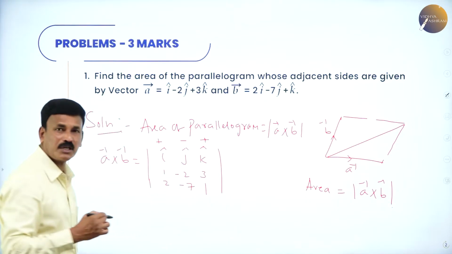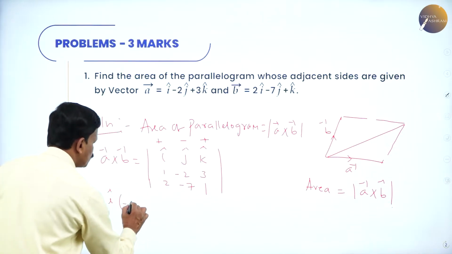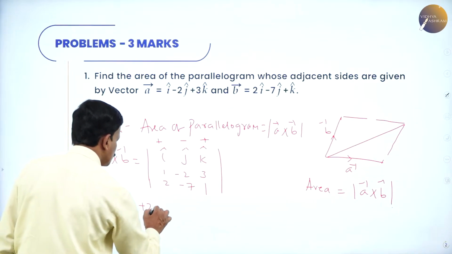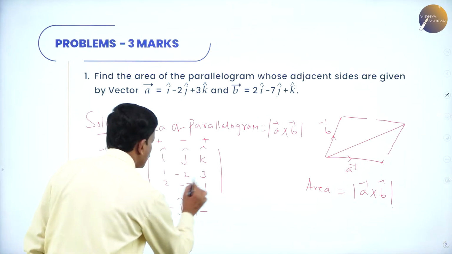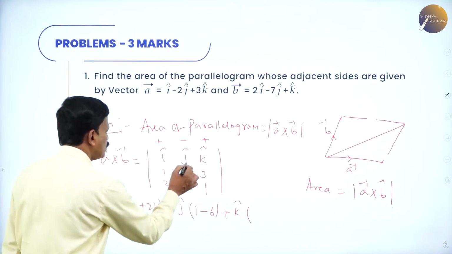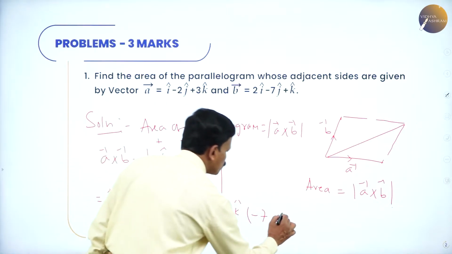Expand with respect to first row. This is equal to i into minus 1 into 2 is minus 2, minus into minus plus, 7 3s are 21, minus j into 1 1s are 1, minus 2 3s are 6, plus k cap into 1 into minus 7 is minus 7, minus into minus plus 2 2s are 4.